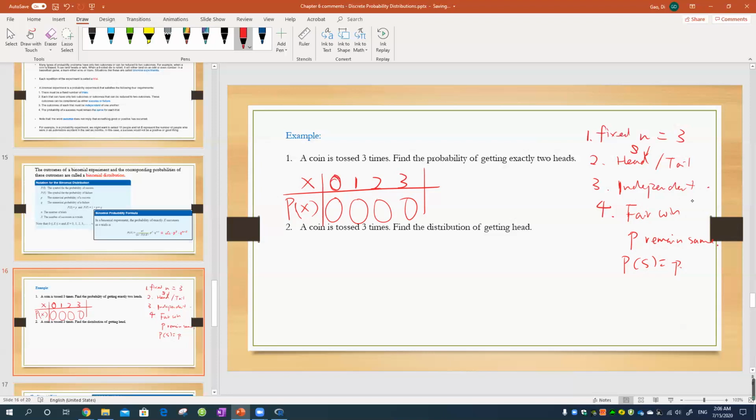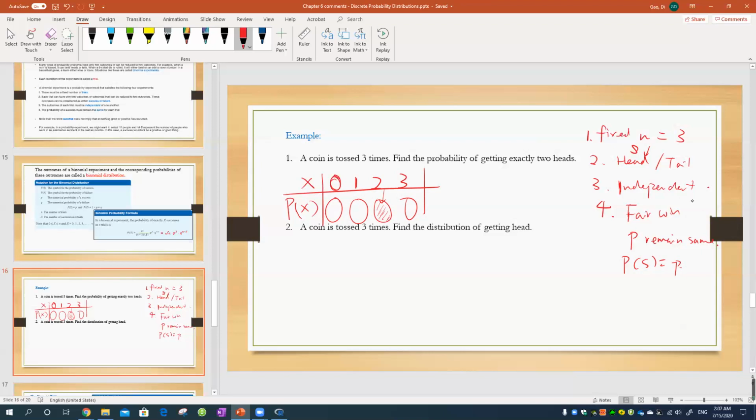Usually we have to do the tree diagram to look at each probability for getting exactly 2 heads. So 2 heads. We want this probability, the probability in this shaded circle here. So we have to do the tree diagram. Then, by this binomial experiment setup, we have a formula.